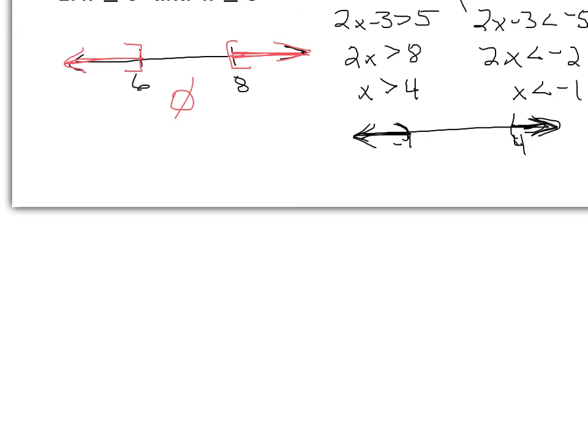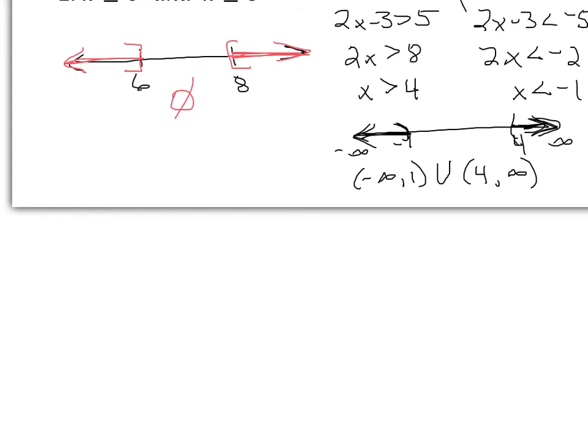So when we write the interval, we write what we see, and here we see that the solution set includes negative infinity to negative 1 with parentheses, and we put union for or, union for includes both, and then we write 4 to infinity.